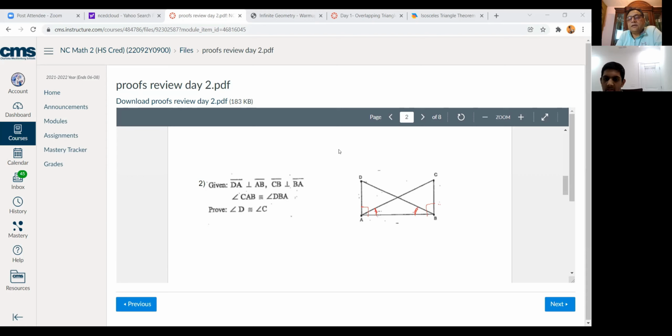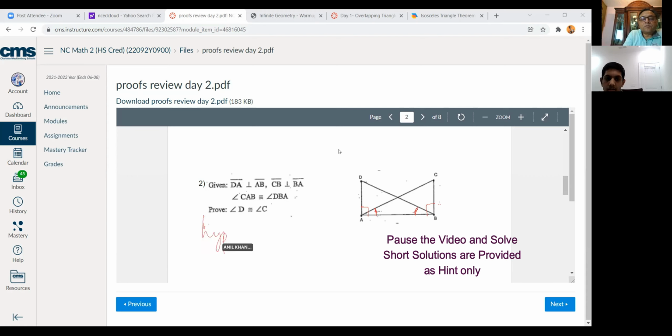Now, in a right angle triangle, you can use the hypotenuse leg theorem. Now, here we have a common base. Do you see that?